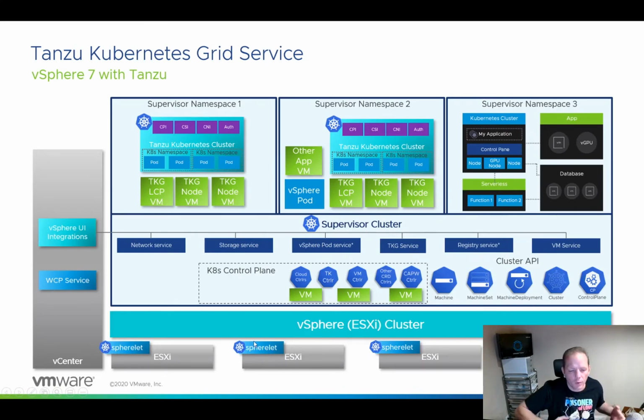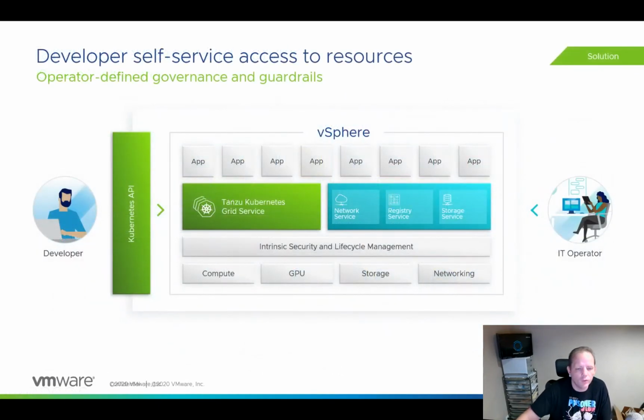And so really this supervisor cluster and this workload control plane gives us a whole new way of delivering this robust, dynamic, multi-tenant environment for Kubernetes and cloud native development.